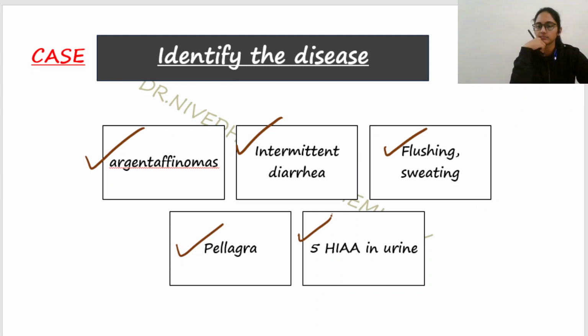Fast. Argentaffinomas, intermittent diarrhea, flushing and sweating, pellagra-like symptoms, 5-hydroxy-indoleacetic acid in urine. Yes, very good. What is it? Carcinoid syndrome.